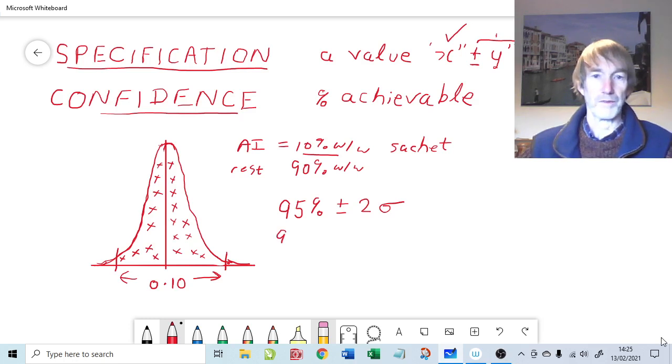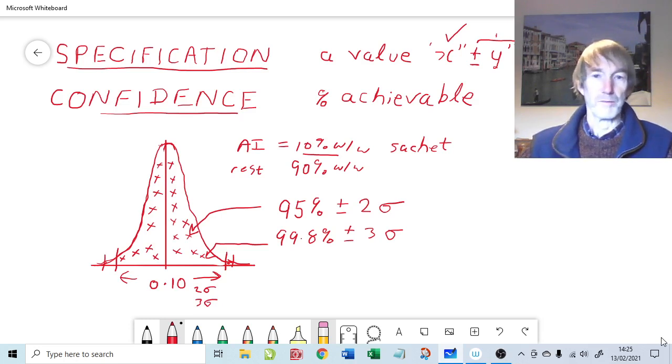The next statistic, which is quite memorable, is the 99.8% statistic, which is plus or minus, roughly speaking, 3 times the standard deviation. So we would expect 95% to be within 2 times the standard deviation around the mean value, and we would expect 99.8% to be plus or minus 3 times the standard deviation around the middle.